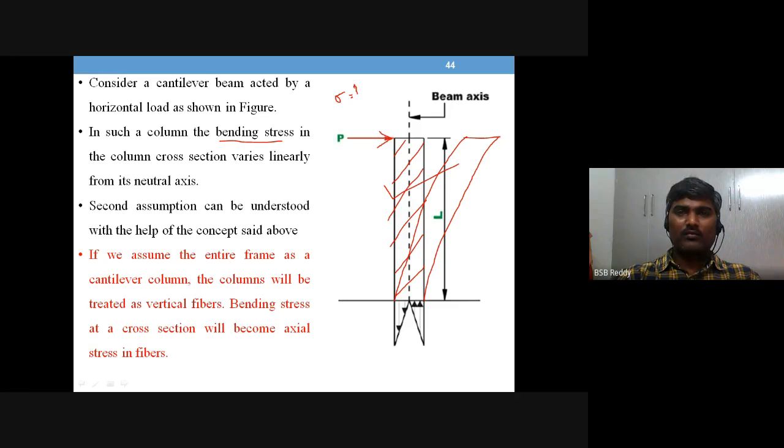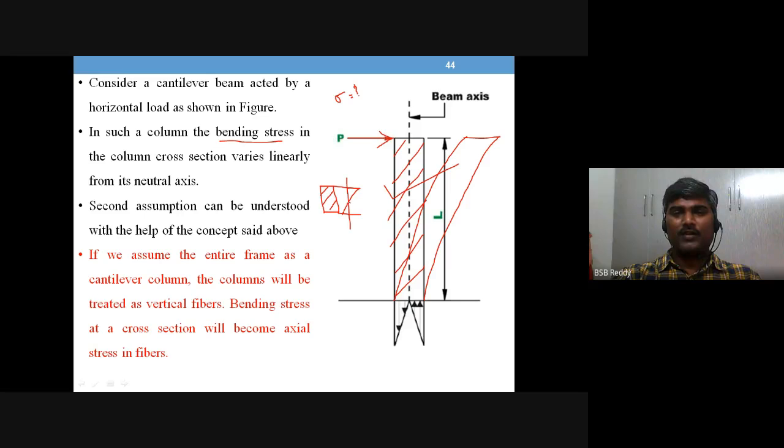How you draw bending stress across the cross section is by taking neutral axis as zero and the topmost fiber. If you remember, for a cross section of a beam, how you draw this is like this.